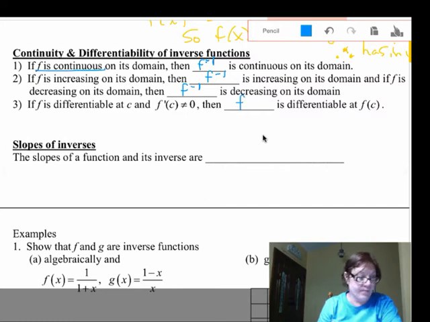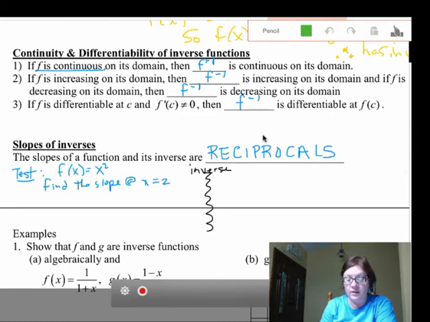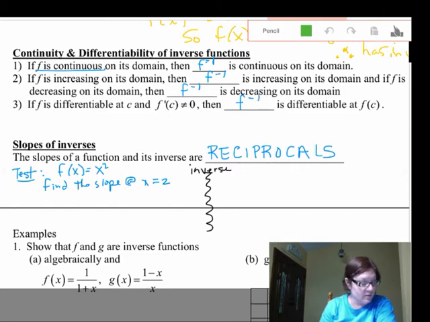So is f inverse. And if f is differentiable at c, where the slope is not equal to 0, then copycat, f inverse is also differentiable at c. And remember, the slopes of a function and its inverse are reciprocals. And again, that goes back to the fact that they are mirror images across y equals x.